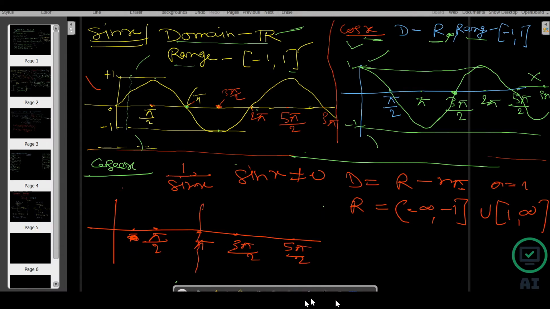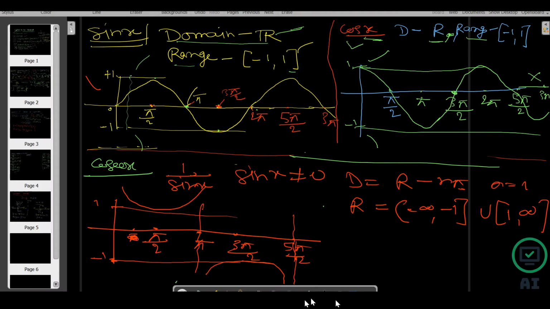Here it will be like this, and this will be like this. This is 1, this is minus 1.